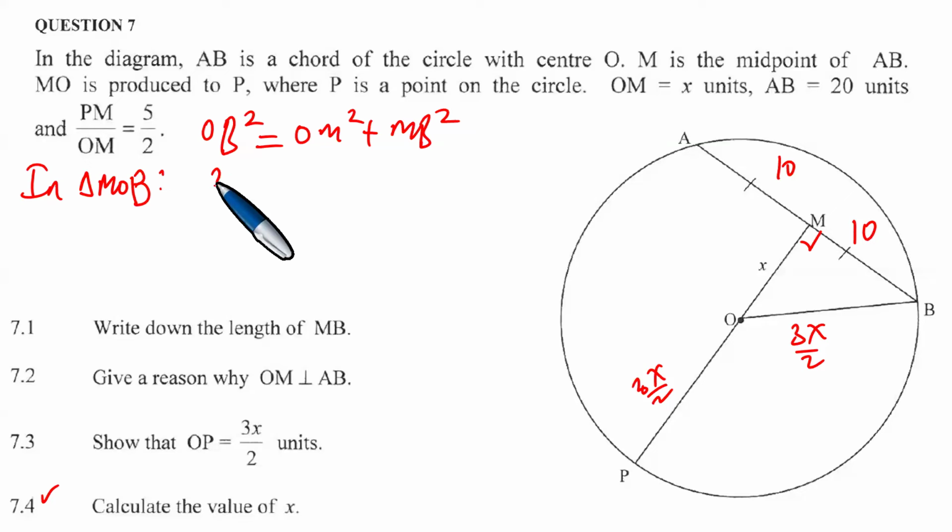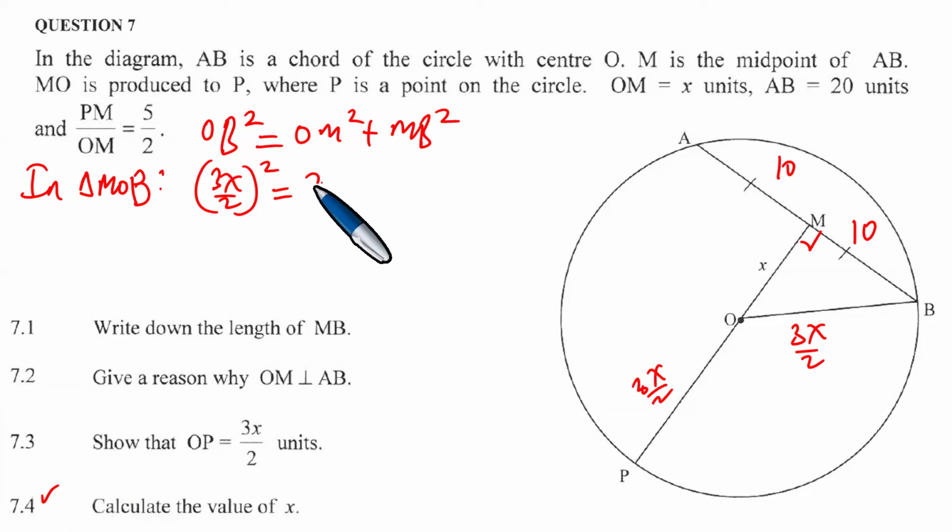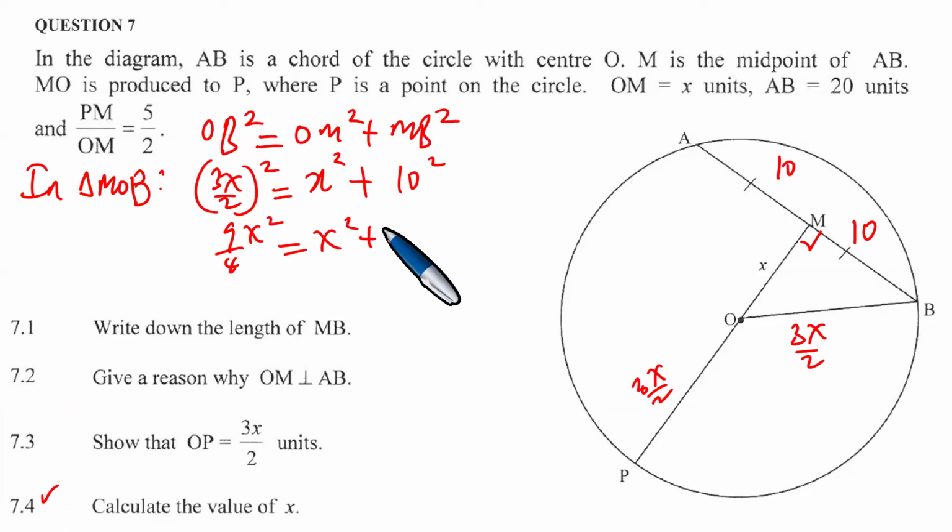So OB squared is 3X over 2 squared, and OM is X squared, MB is 10 squared. Now if you square the 3, you get 9 over 4X squared equals X squared plus 10 squared.